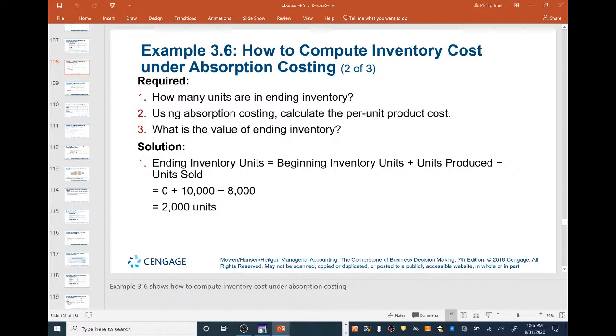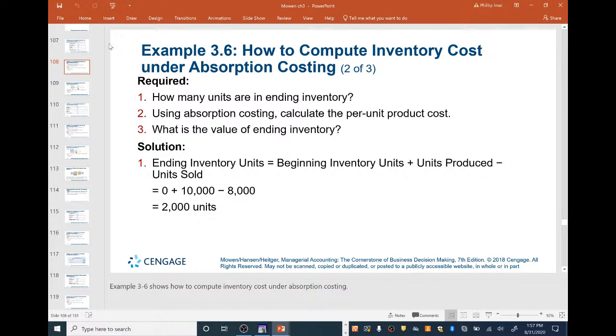Ending inventory units equals beginning inventory units plus units produced minus the units sold. Beginning inventory units is how much we had on hand at the beginning of the period, plus the units we produced, which gives the goods available to sell. Then we back out the units sold, which gives us what is left in ending inventory.